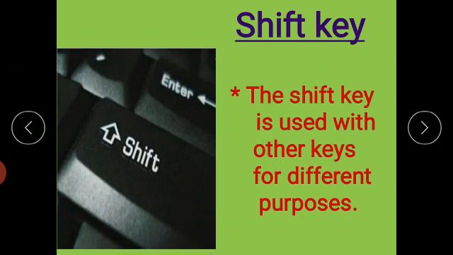If you want to use the shift key, along with it you have to press some other key. Okay. So in this way you can see that the shift key is used in combination with other keys. I hope you all are getting it. Okay, now move on to the next.